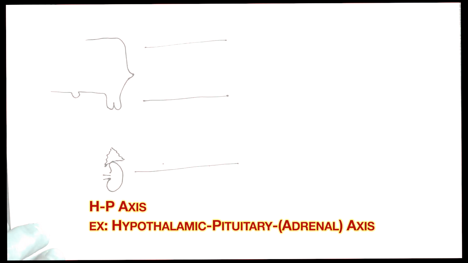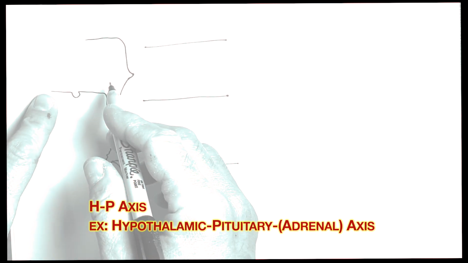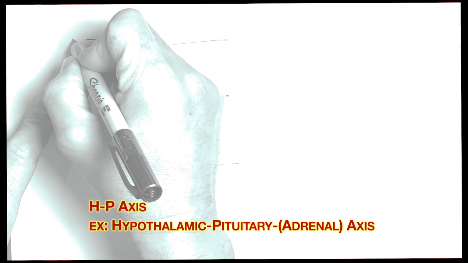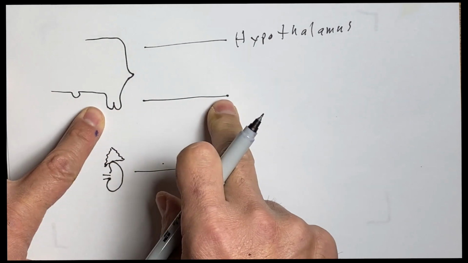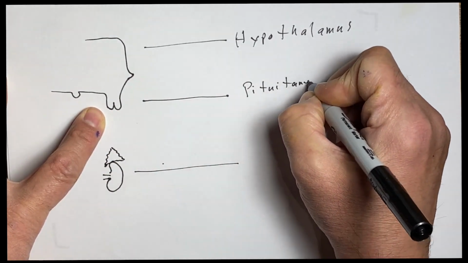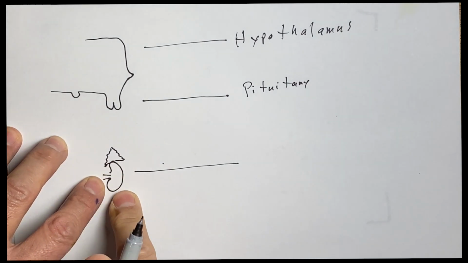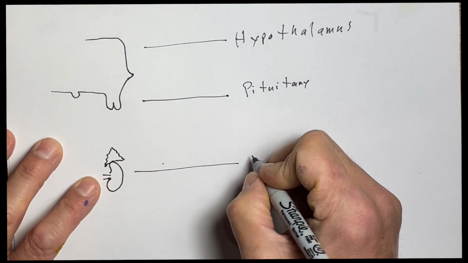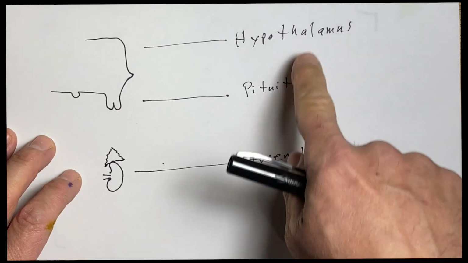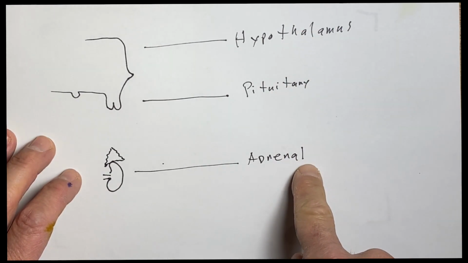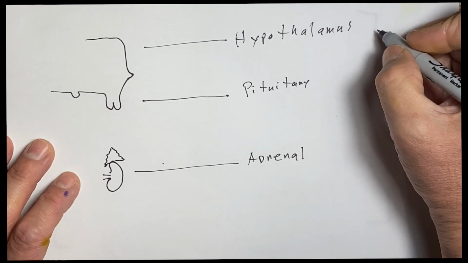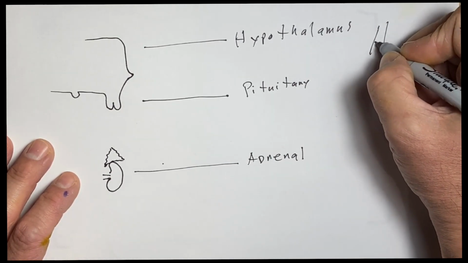So now let's talk about this axis. So here you have the hypothalamus, and here you have the pituitary gland, and here you have the adrenal gland sitting on top of the kidney. This system is called the hypothalamic pituitary adrenal axis, also called HPA.